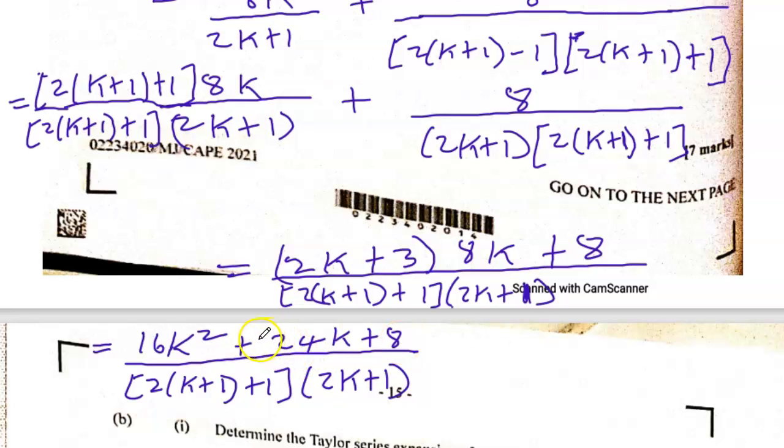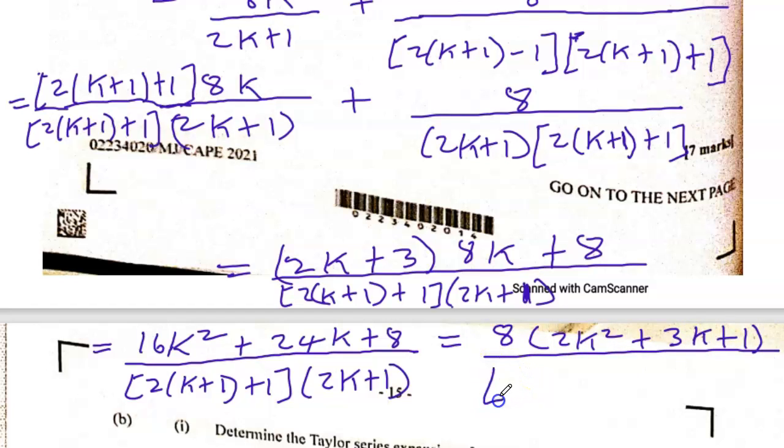Continuing. Of course, I can factor out the 8. So if I factor out the 8, I'll have 8 into (2k squared plus 3k plus 1) all over the denominator, which is 2 into (k plus 1) into 2k plus 1.